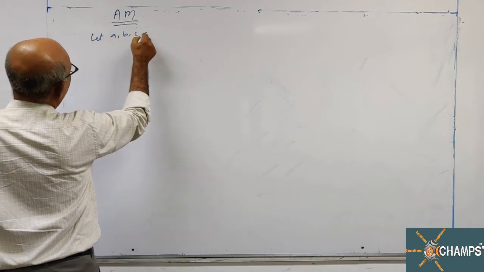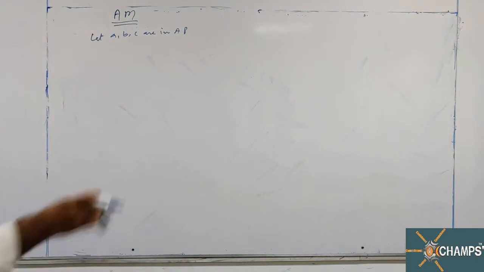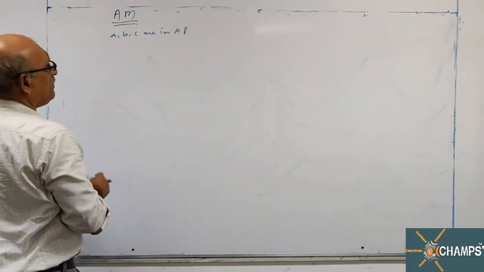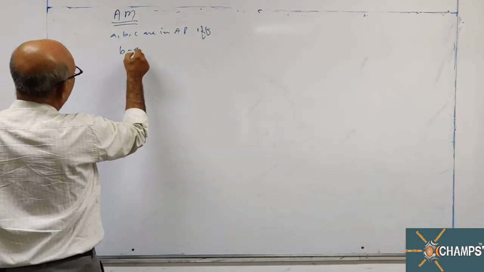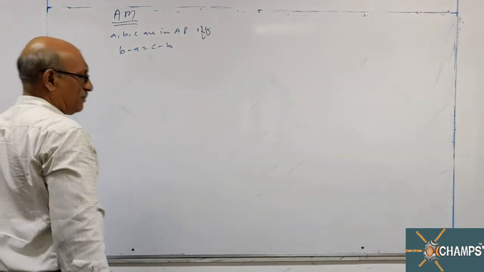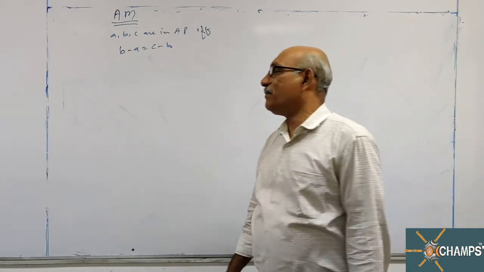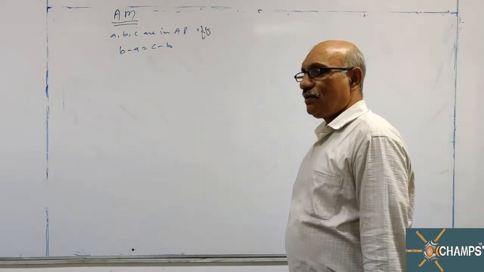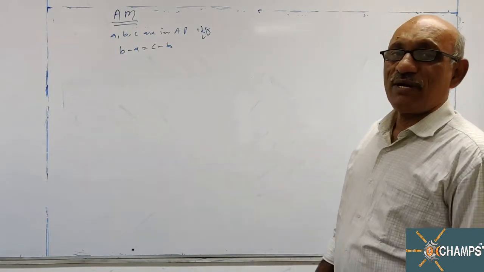Let A, B, C be in AP. A, B, C are in arithmetic progression if and only if B minus A is equal to C minus B. Common difference concept.